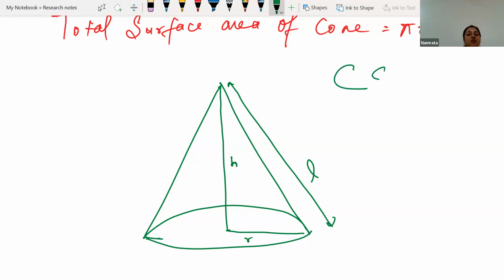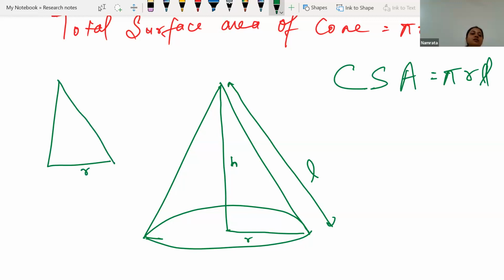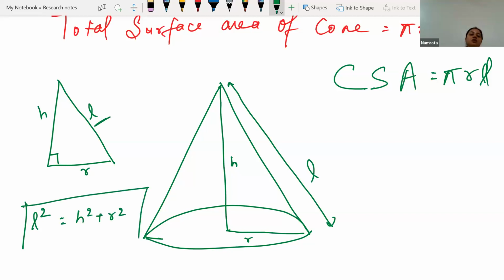And the curved surface area formula we got is pi rl. So when h is given, how will you find l? You can take the help of Pythagoras theorem. Here r is there, h is there, l is there. This is 90 degrees over here. So you can take the help of Pythagoras theorem to find l. l is nothing but the hypotenuse over here. That means l square is equal to h square plus r square. This relation you can use to find the slant height if height and radius are given.